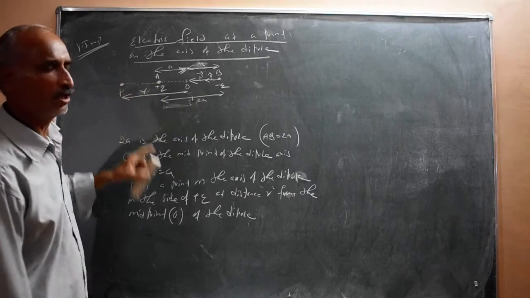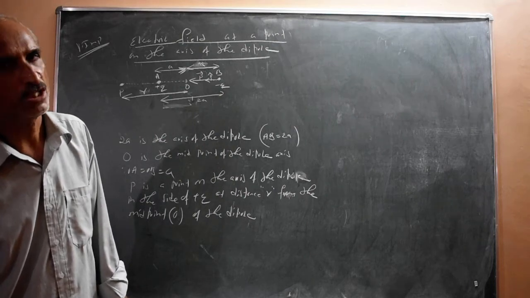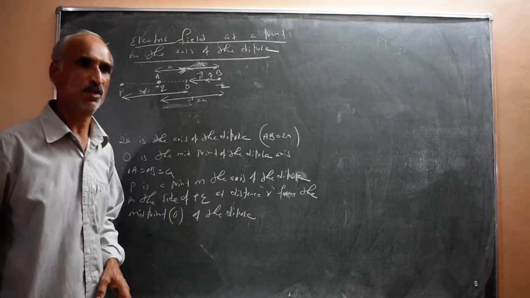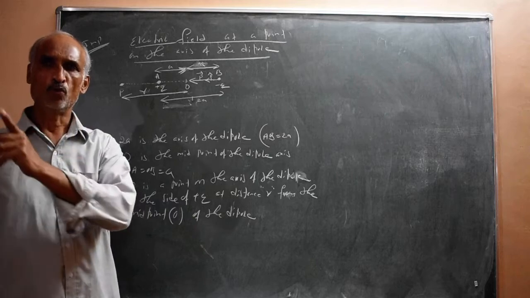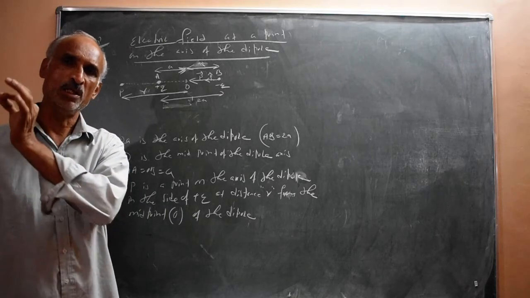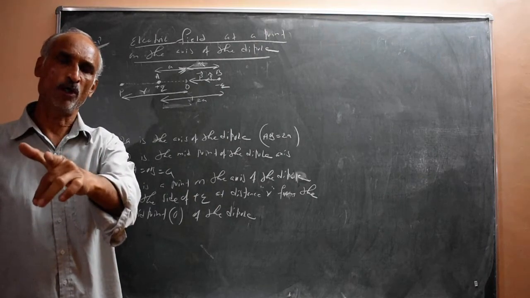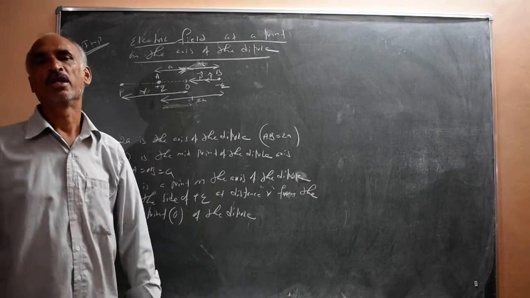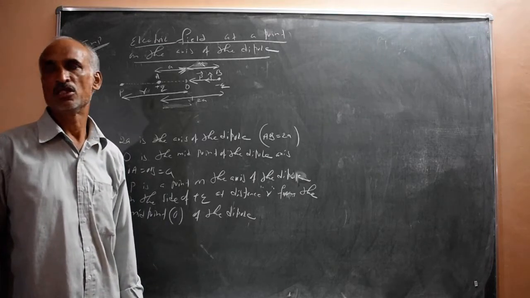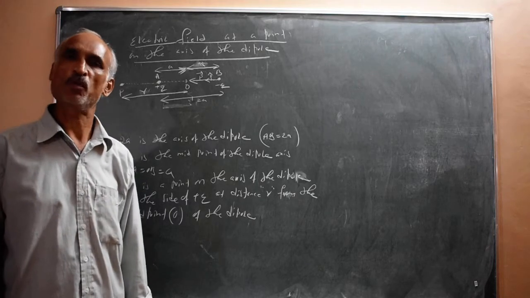Then the resultant field E bar is equal to E plus Q bar plus E minus Q bar, by the superposition principle. If Q1, Q2, Q3, up to Qn are n charges in space and E1 bar, E2 bar, E3 bar, up to En bar are the fields at a point P, then the resultant field at the point P is the vector sum of the fields due to the individual charges. The resultant field E bar is equal to E1 bar plus E2 bar plus E3 bar and so on plus En bar.